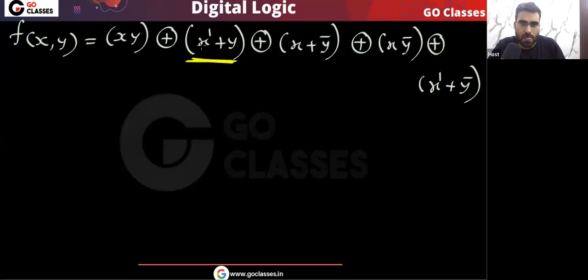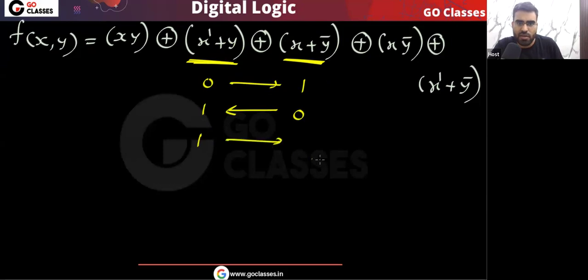See, if this expression is 0, then can I say this will be 1? Just check these two, x bar y and x y bar. If this is 0, it means y is 0, so it will be 1. If this expression is 1, then can I say something about the other expression?